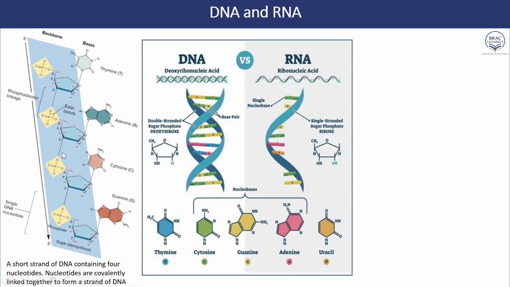So on the left side we see a strand of DNA. Just one strand is shown for simplicity, but in reality two strands of DNA are joined together. You can see these four bases shown here, thymine, adenine, cytosine, guanine, and all of the nucleotides are joined together.